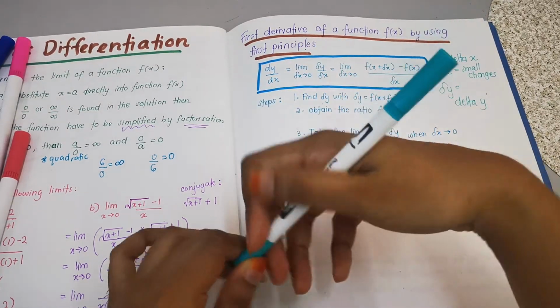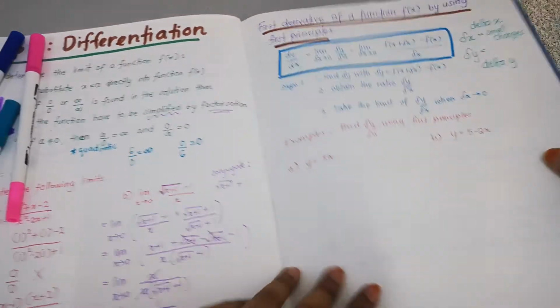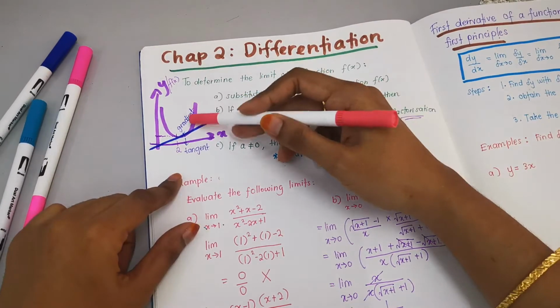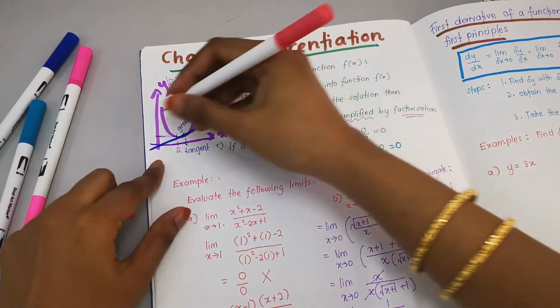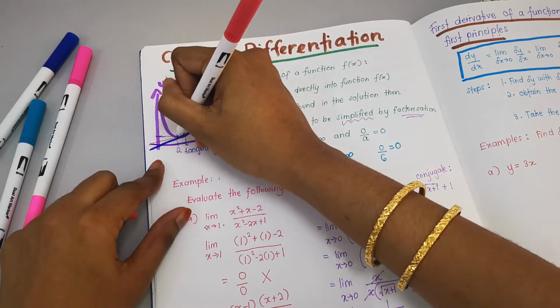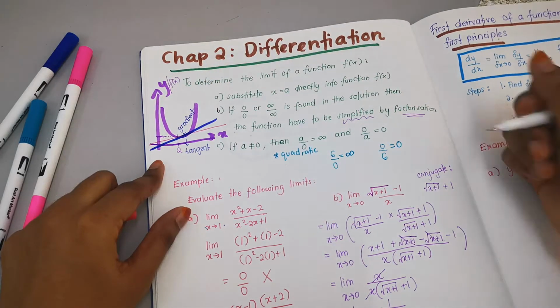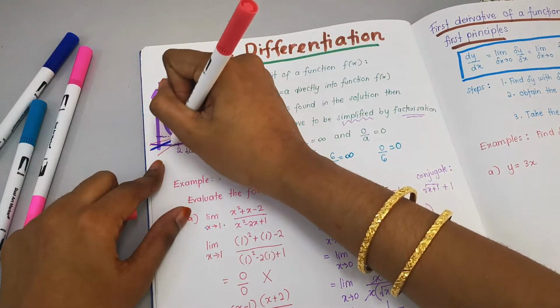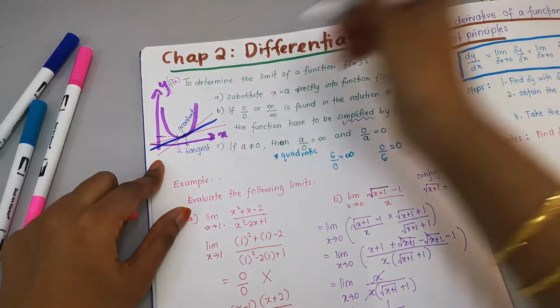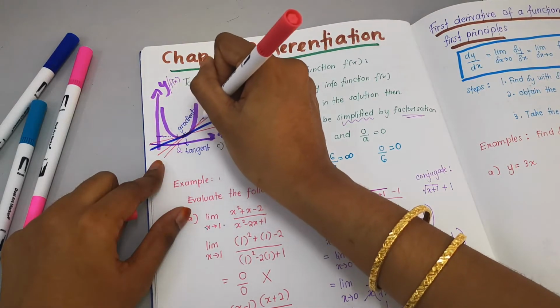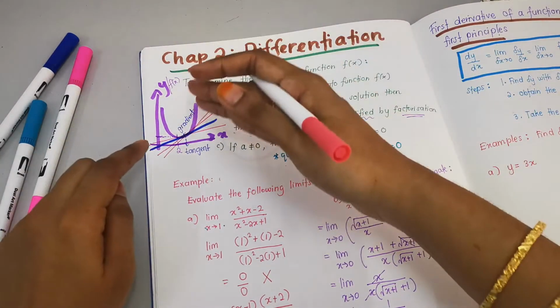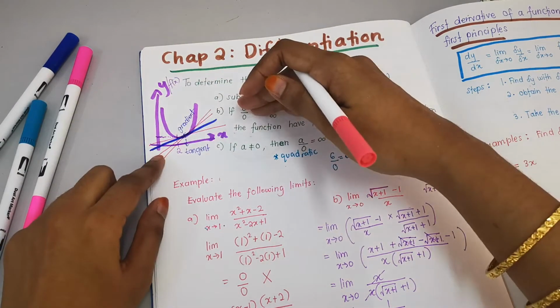Well, let's say we go back to the graph I drew. Remember here the graph. Okay, what if your tangent line was over here like this? Or maybe your tangent line was like this, or maybe a little bit like this. Can you see that there are different positions to draw the tangent line?